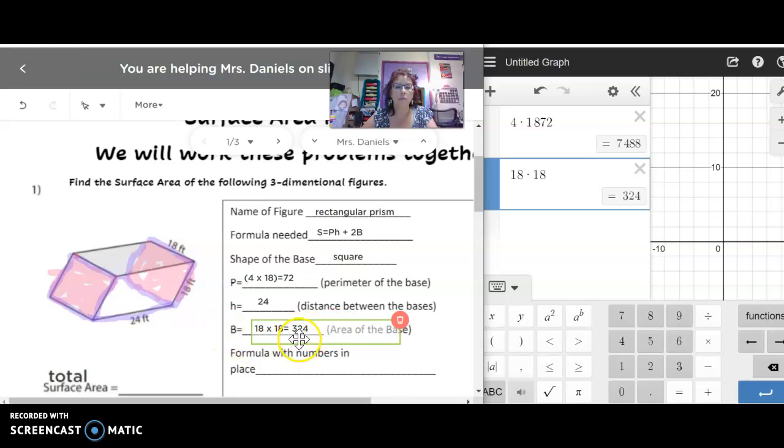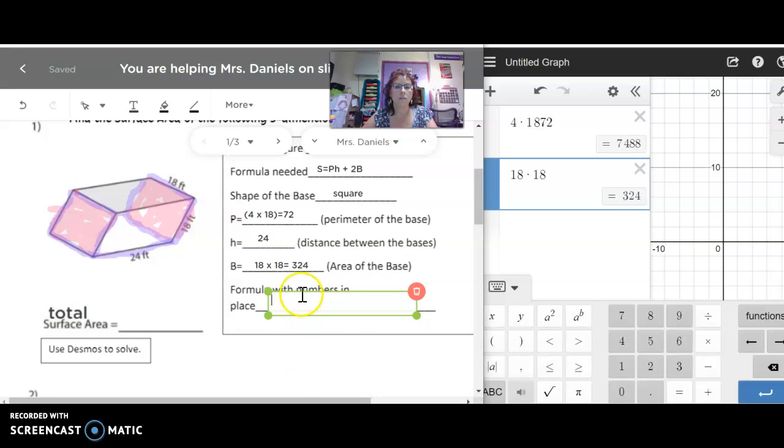For capital B, we're going to put 324. For H, we're going to put 24. For capital P, we're going to put 72. So we're going to put all the numbers in place into the formula on this last line.